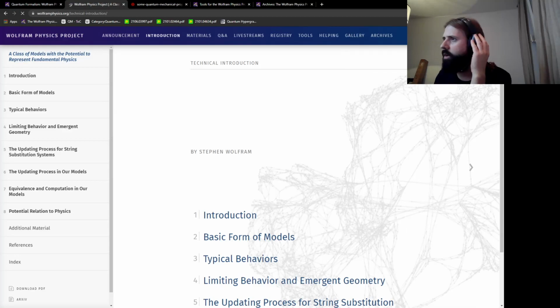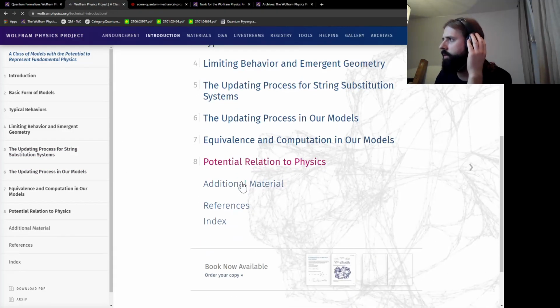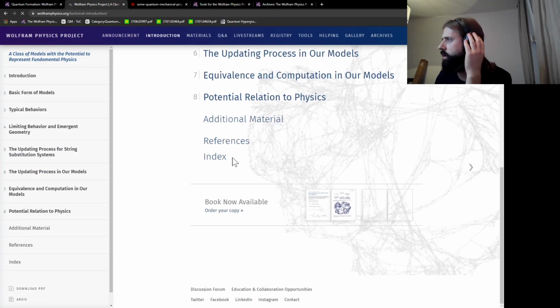It just makes it complicated. This is complicated to navigate past the technical introduction.